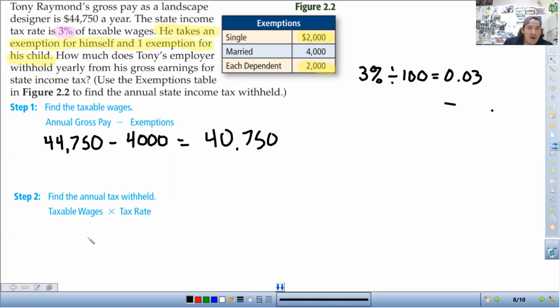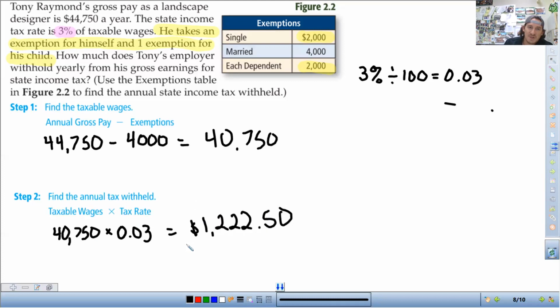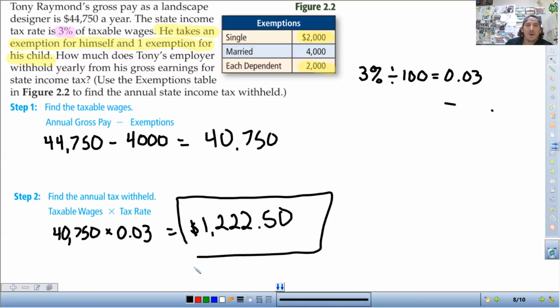To figure out how much tax is taken out of his paycheck, I'm going to take his taxable wages, which was $40,750, times his tax rate, which is 0.03. 40,750 times 0.03 comes out to $1,222.50. So that is how much he is taxed each year.